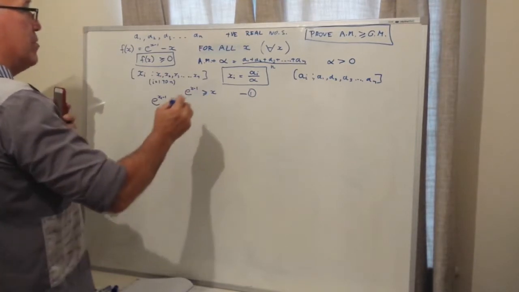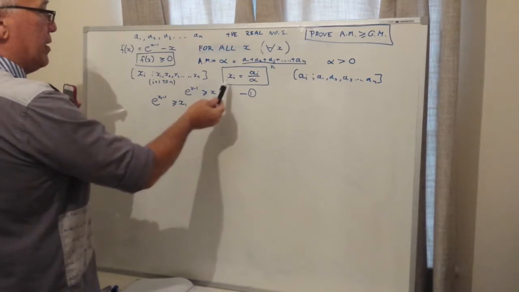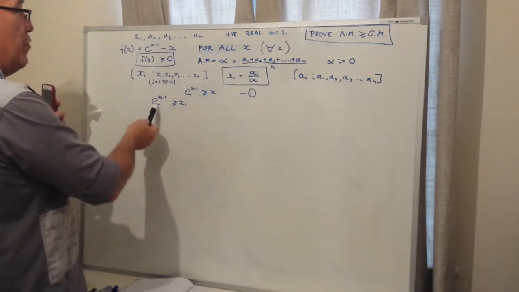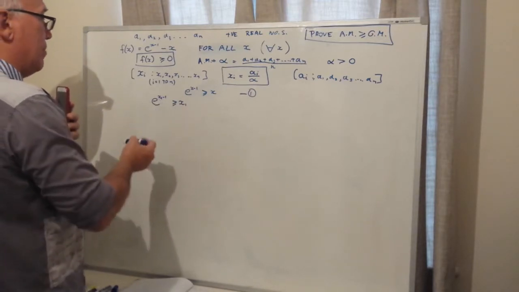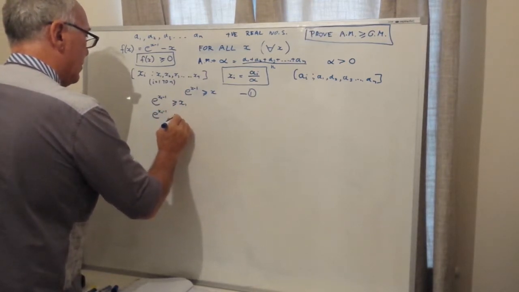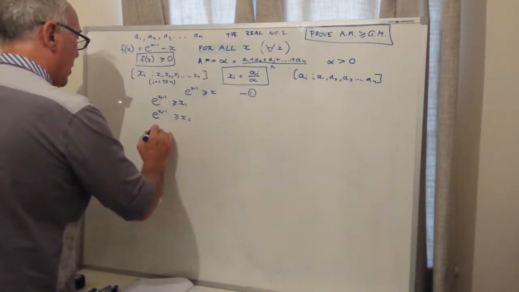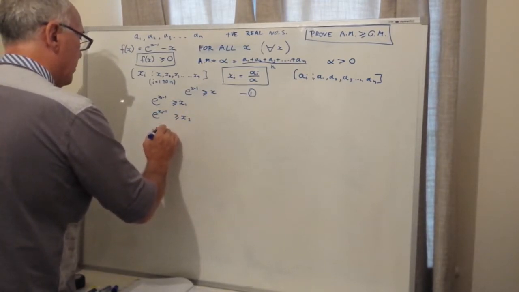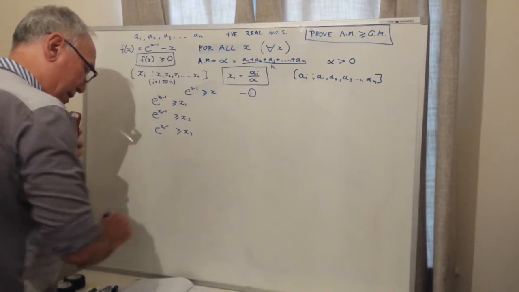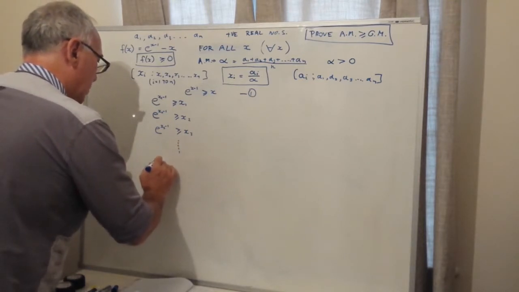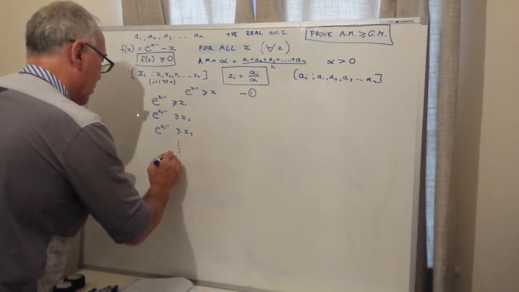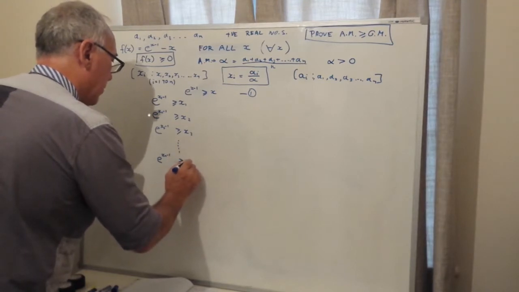So what I'm doing here, I'm substituting the variable x with all the different terms for xi. The first term will be x1, so I'm going to substitute that in there. The next one will be x2, and so on, greater than or equal to x3. And that continues on to e to the power of xn minus 1 is greater than or equal to xn.